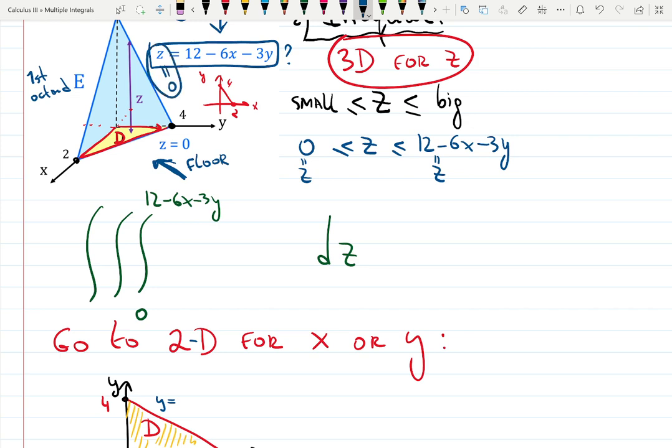Does it make sense? That's like the best way to explain. I like this way the best. I'm shrinking this to 0 when I'm drawing this in 2D.